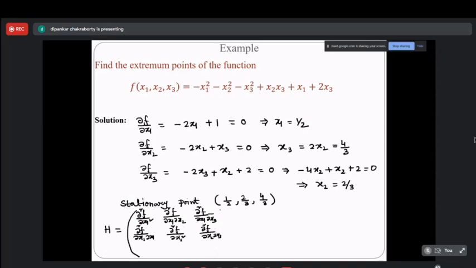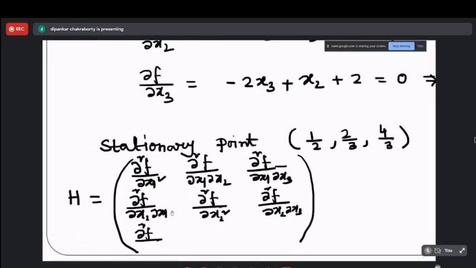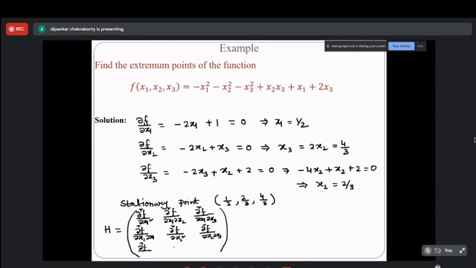Then del 2f del x3 del x1, del 2f del x3 del x2, and del 2f del x3 squared.